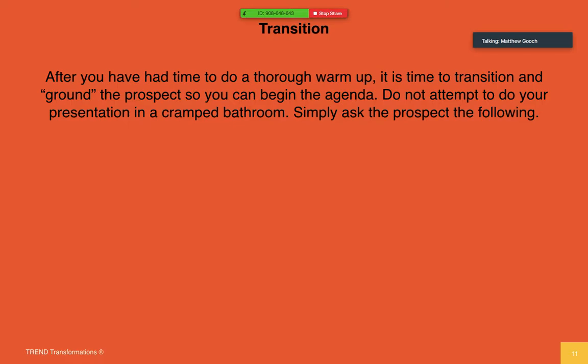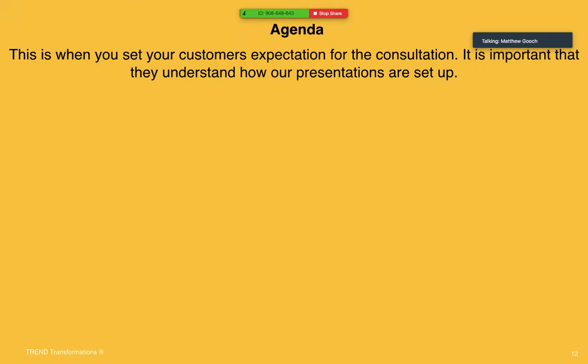So you simply ask the following question: do you have a space where I can set up so we can begin? That's it. It's very simple. Usually they're going to get the hint. Sometimes they're leading you there anyways, but I just want to take this second to remind people that you transition into your agenda by grounding the prospect and setting up in a space that's conducive for an appointment.